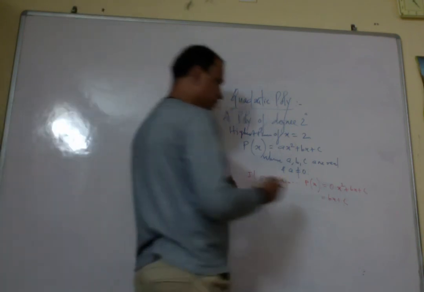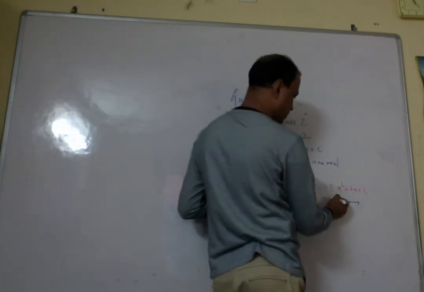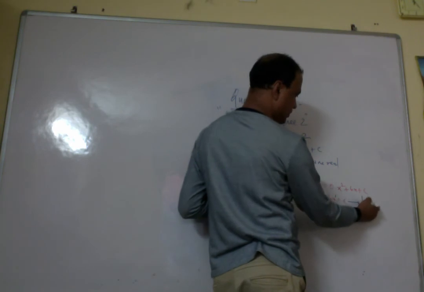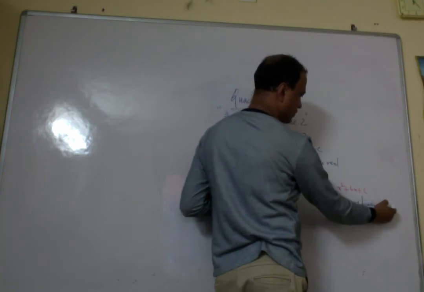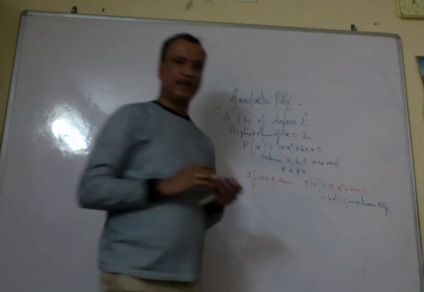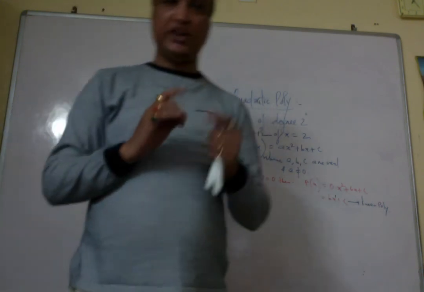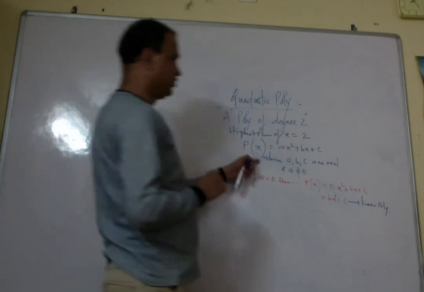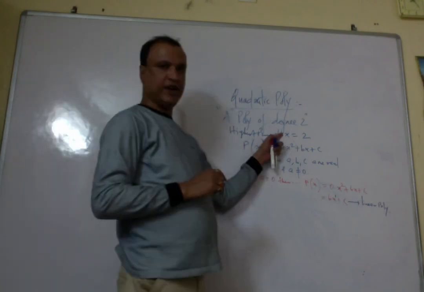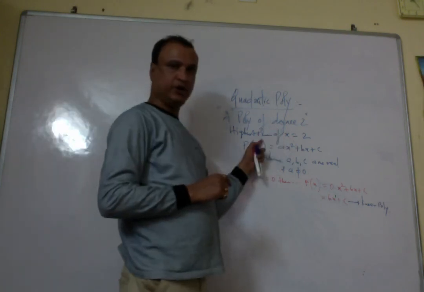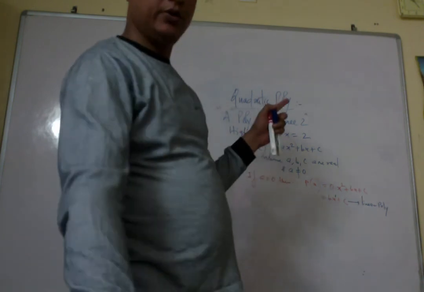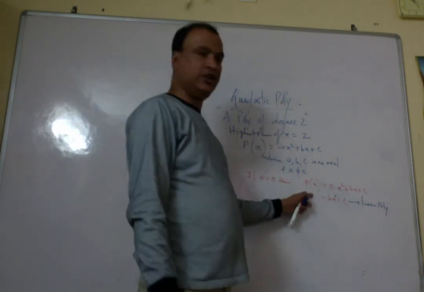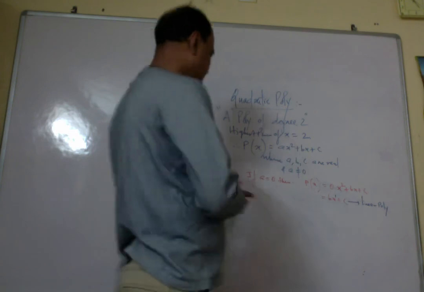So bx plus c is not a quadratic polynomial, because the highest power of x is 1, so it becomes a linear polynomial. So the most important criterion for a quadratic polynomial is that a must not be equal to 0, because if a is 0, the x square term will vanish and the quadratic polynomial will turn into a linear polynomial.